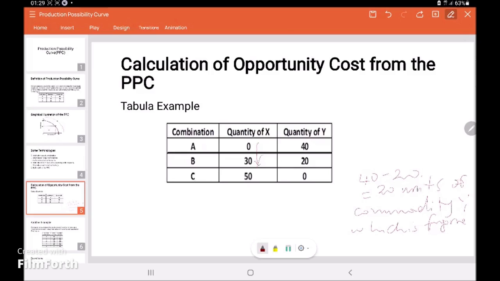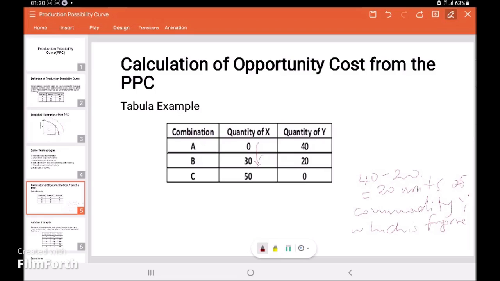The movement from B to C will mean that you will have to sacrifice 20 units of commodity Y, because you'll be producing 0 units of commodity Y, and then you would have gained 20 more units of commodity X.